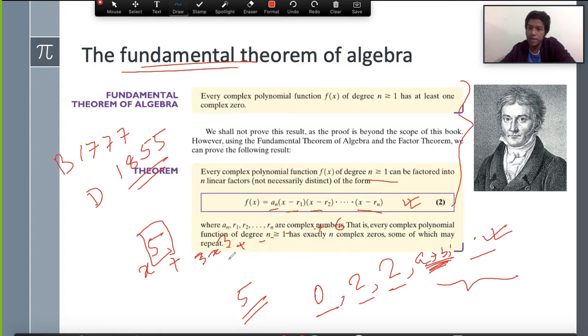When you find the final line, you find x equals to what, x equals to what, x equals to what, and those are the roots of the equation. So including real, imaginary, and repeating ones, you will get 5, since the power is 5. This is the fundamental theorem of algebra.